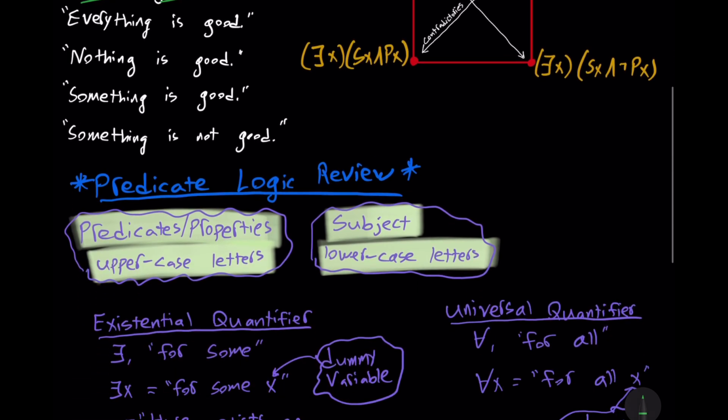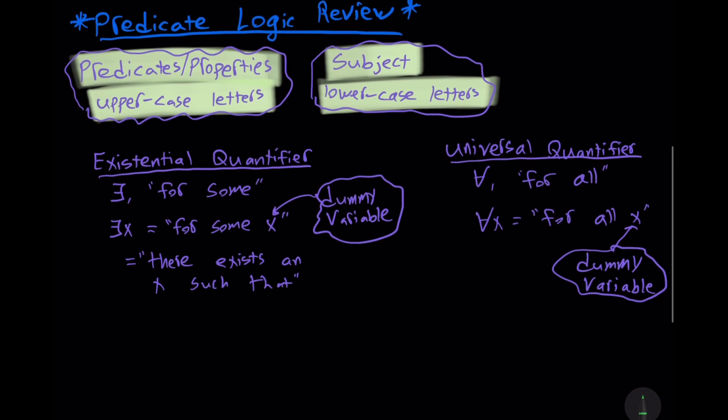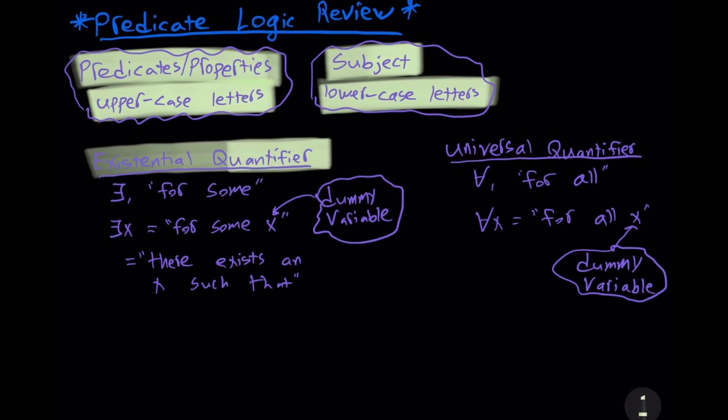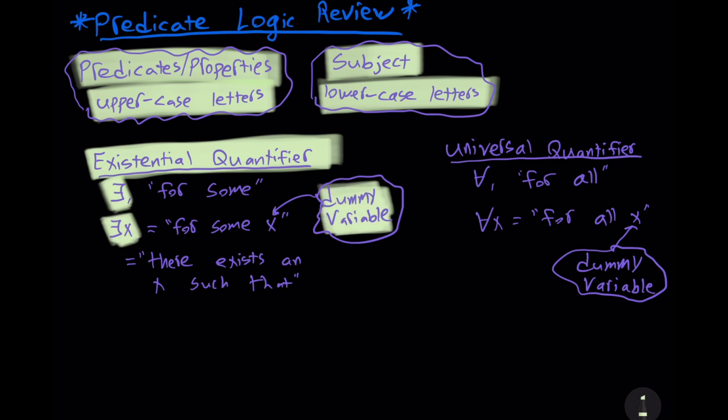Moreover, in predicate logic, we have quantifiers. On the one hand, we have the existential quantifier. For some, we use the backwards-looking E symbol. So there exists an x, or for some x. An x we call a dummy variable. And a dummy variable can represent anything whatsoever.